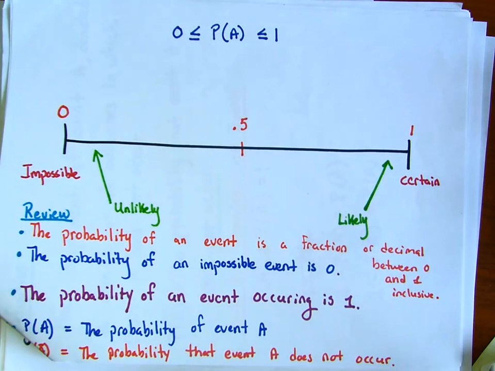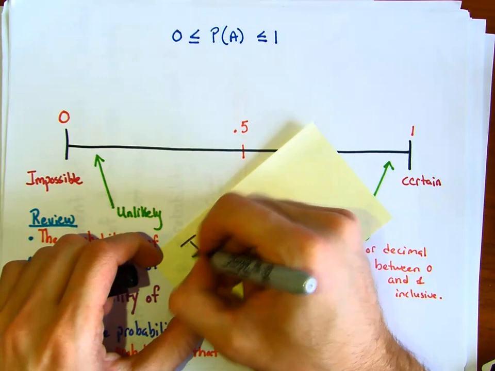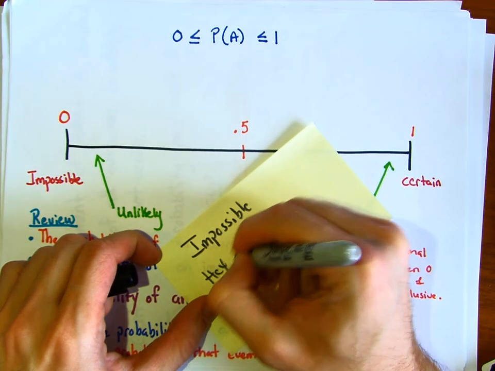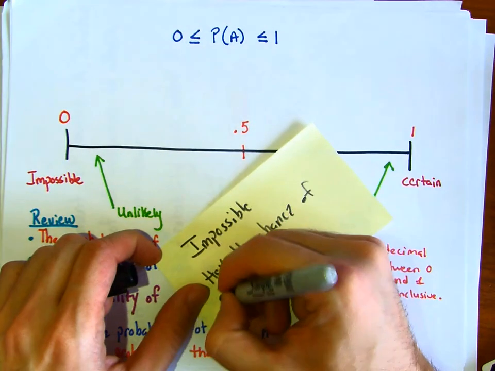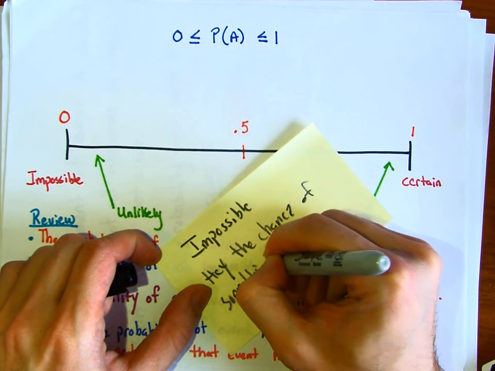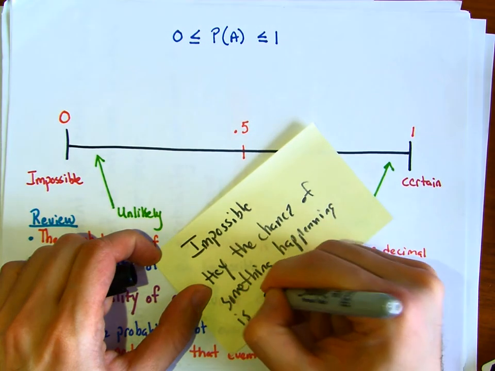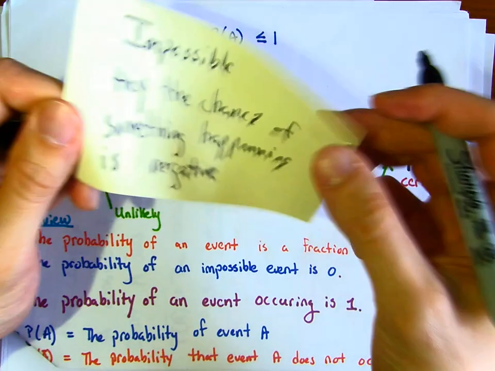For example, it is impossible to say, hey, the chance of something happening is negative. Right? This is impossible.